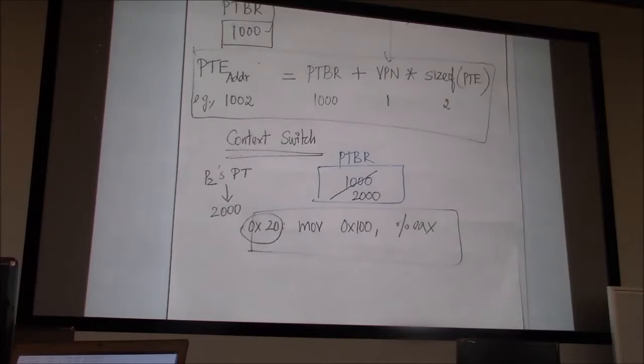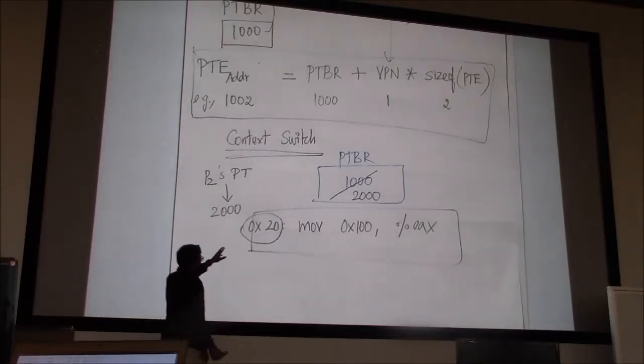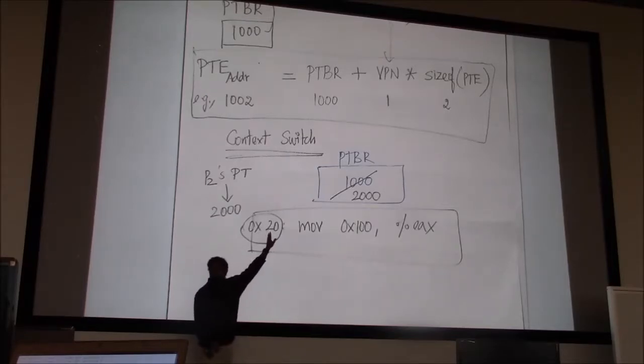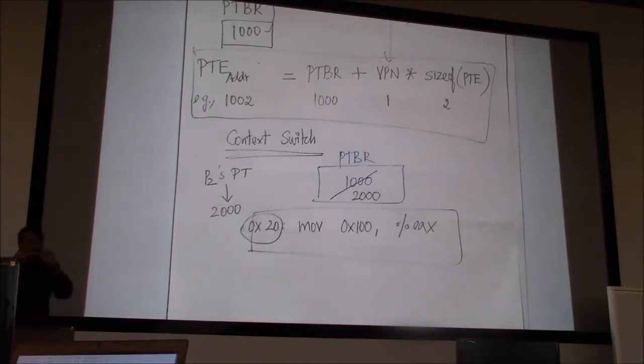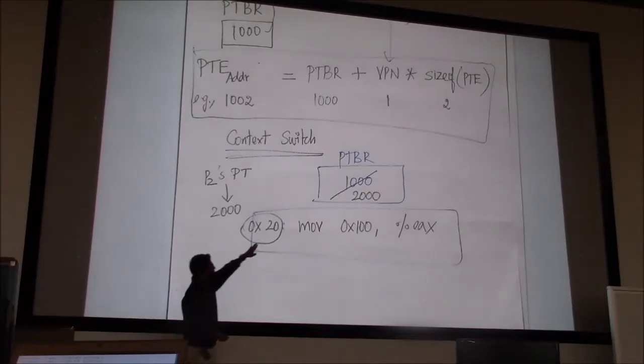So we need 4 memory accesses for this, because to know where this particular instruction is in the physical memory, we need 1 memory access to the page table entry of this code page. This is just a code page, right? We need one access to the page table entry.